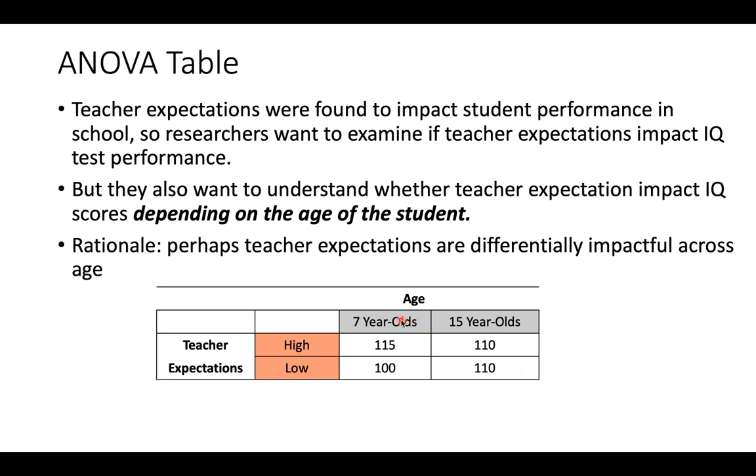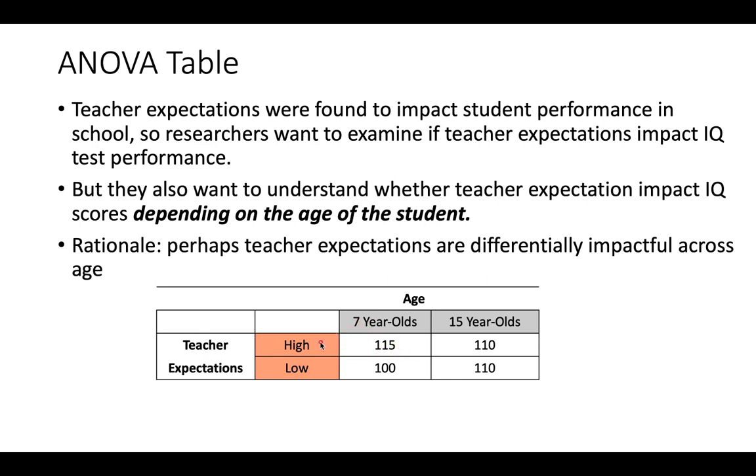They're divided by 7-year-olds and 15-year-olds, and then by whether teachers had high expectations of that student or they had low expectations of that student. So each of our 4 numbers here represents an average of all the individuals that we would find within that cell, within that experimental group.